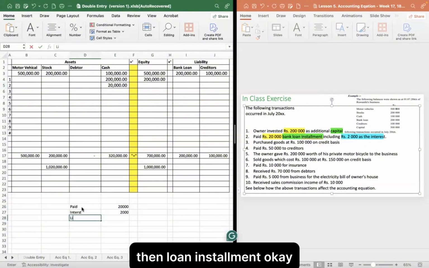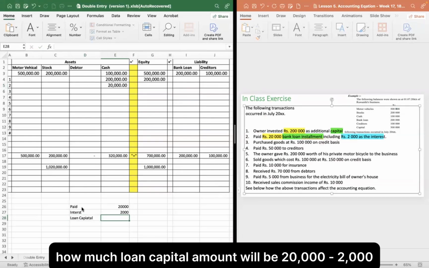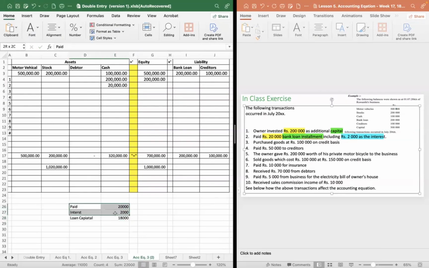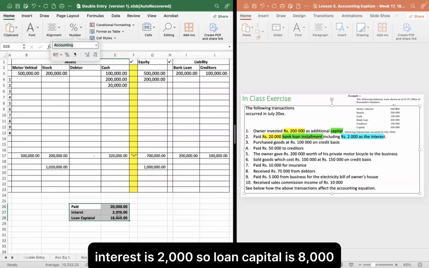Then loan installment. The loan capital amount, how much? Loan capital amount will be 20,000 minus 2,000, 18,000. See, you have paid 20,000, interest is 2,000, so loan capital is 18,000.